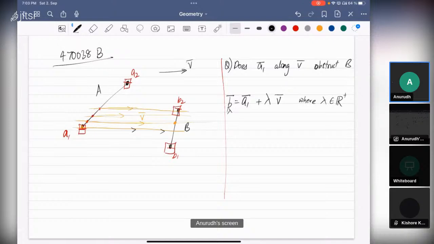What do I want to check now? I want to check if there is a value of lambda such that this point P ends up lying on B exactly.